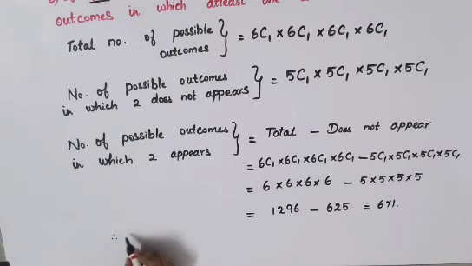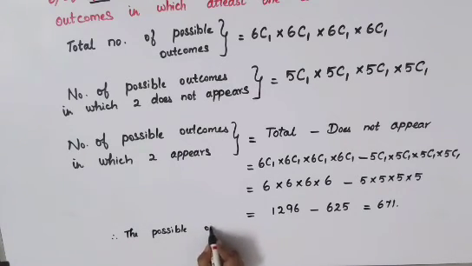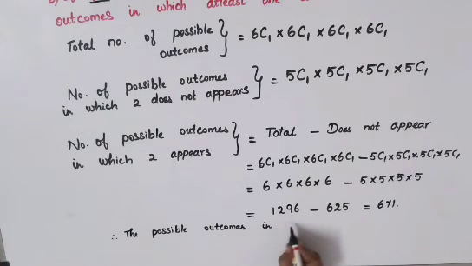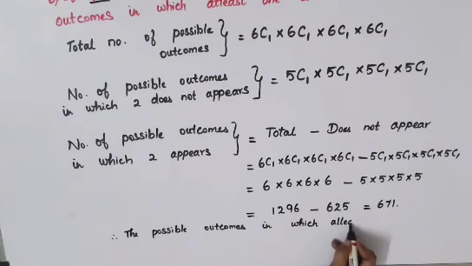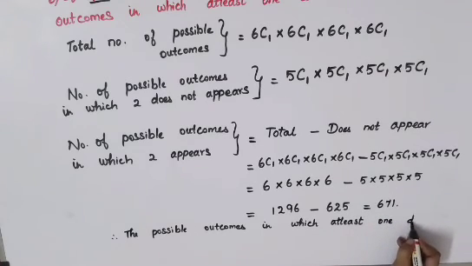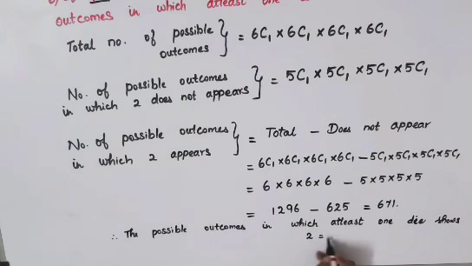Therefore the possible outcomes in which at least one die shows 2 is equal to 671. So this is the answer for your 6th question.